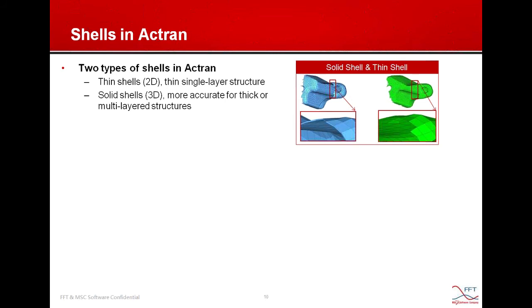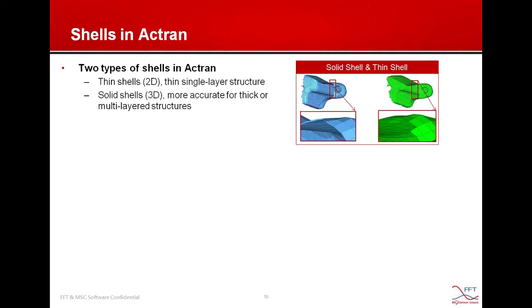Now let's take a look at some technical details of the shell in Actran. On shell elements, first we have the 2D shell element, which is a surface element. We can use the 2D shell elements to model large and thin structures with flexibility and efficiency. Then we have solid shell elements that are 3D volume elements, but with a shell formulation on them.